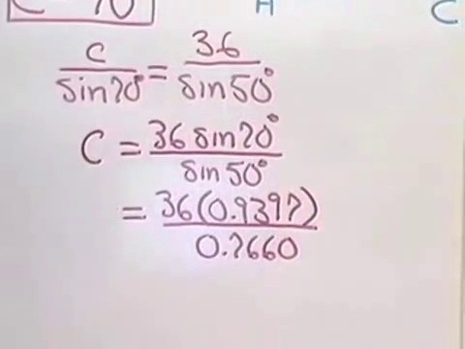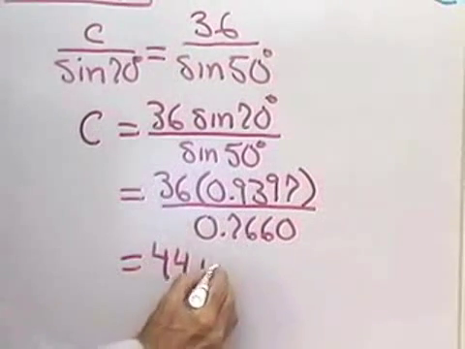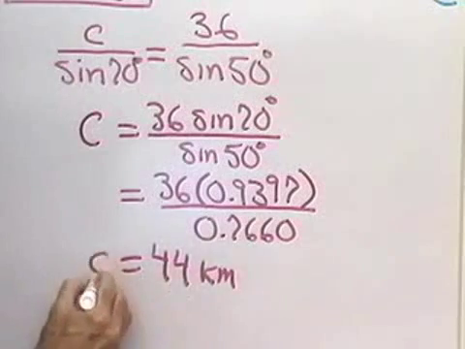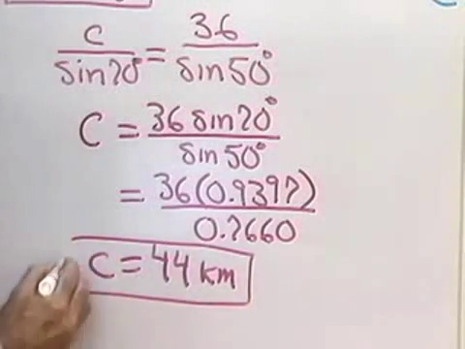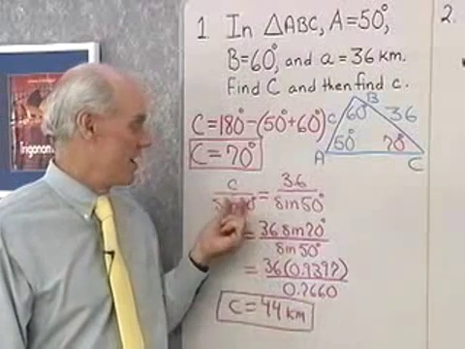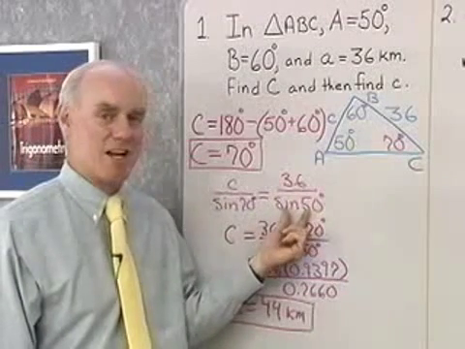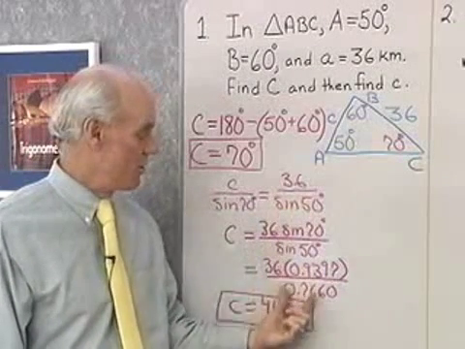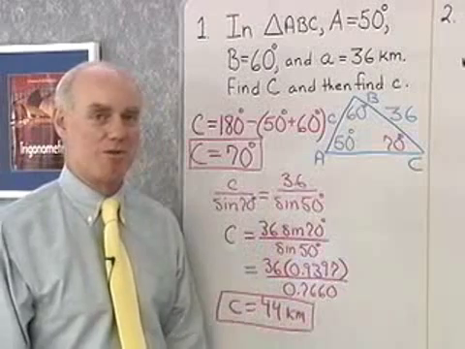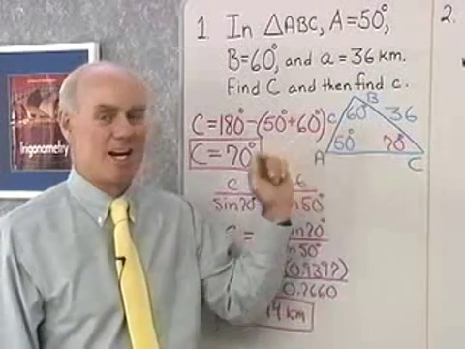I do the arithmetic on my calculator, round off using my significant digits, and I get 44 kilometers for the length of side c. So I use my law of sines by setting up these two ratios. c is to the sine of 70 as 36 is to the sine of 50. Then I use a calculator, work all this out, and I end up with c equal to 44 kilometers. So I've succeeded in finding angle C and then the side opposite that.